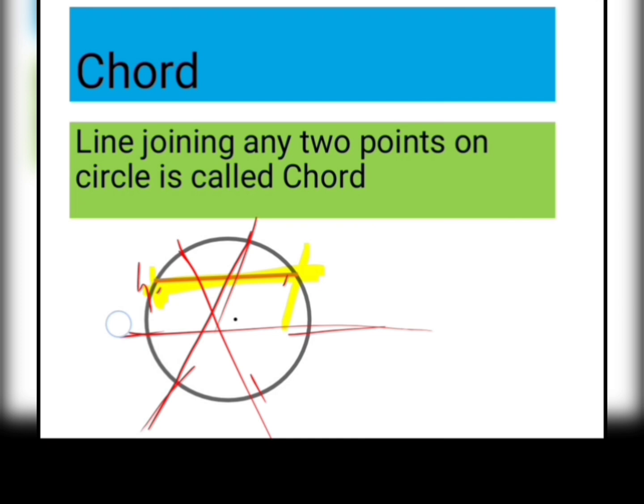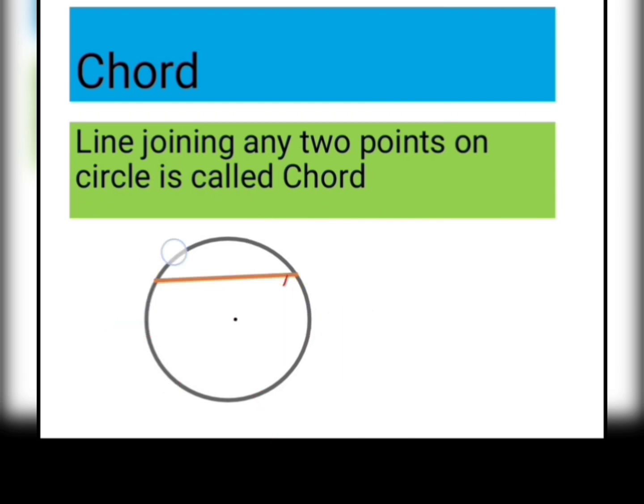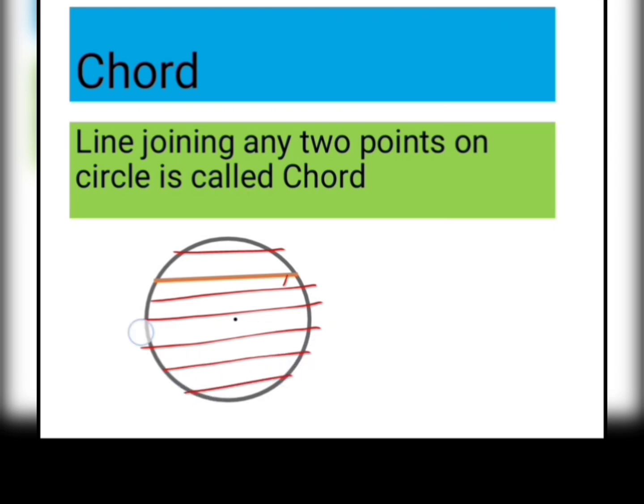Then what is diameter? Diameter is also a chord, but it is the longest line. Let's draw few chords. Let us suppose these are few chords of this circle.